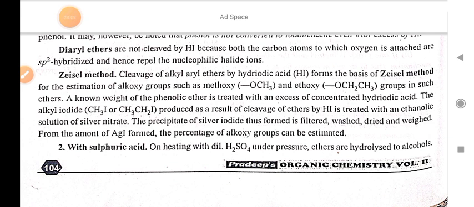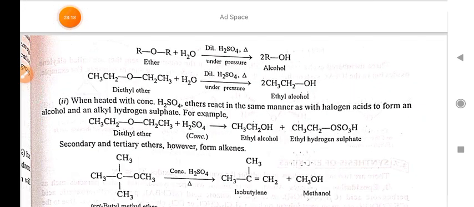With sulfuric acid: on heating with dilute sulfuric acid under pressure, ethers are hydrolyzed to alcohols. Ethers plus water give alcohols when reacted with dilute H2SO4 under pressure. Diethyl ether plus water gives ethyl alcohol under pressure with dilute sulfuric acid and heat.